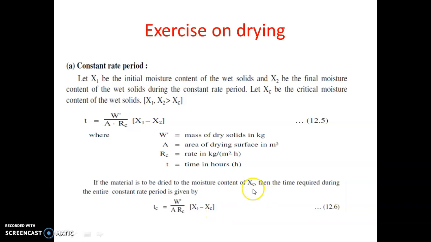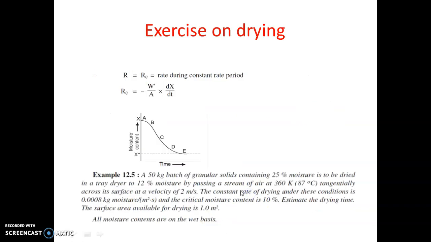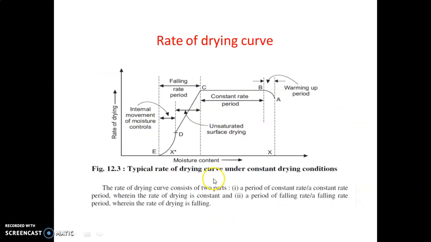Here Xc is the critical moisture content. So the first formula you use when X2 is in this region, and the second formula you use when X2 becomes Xc.